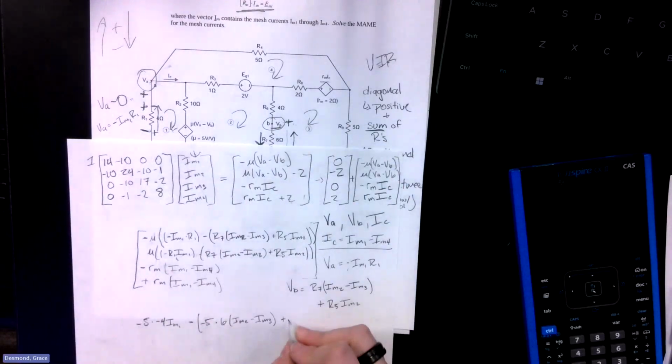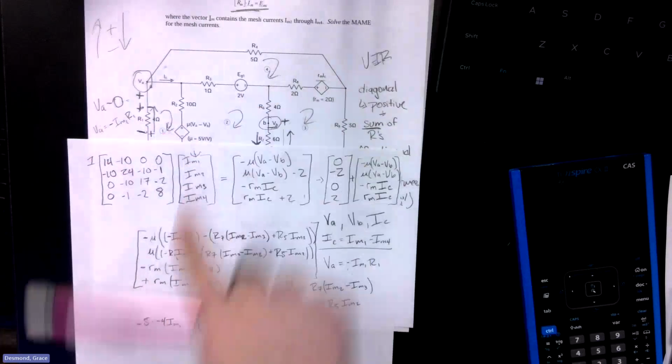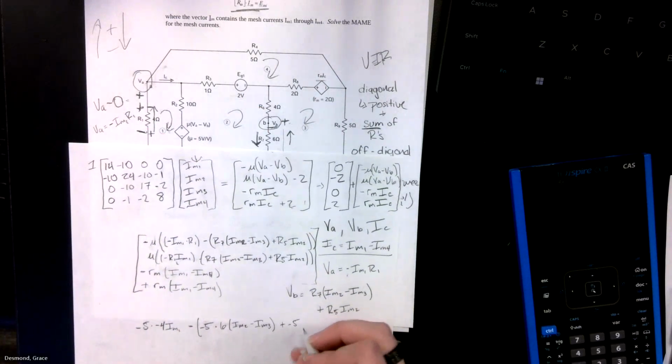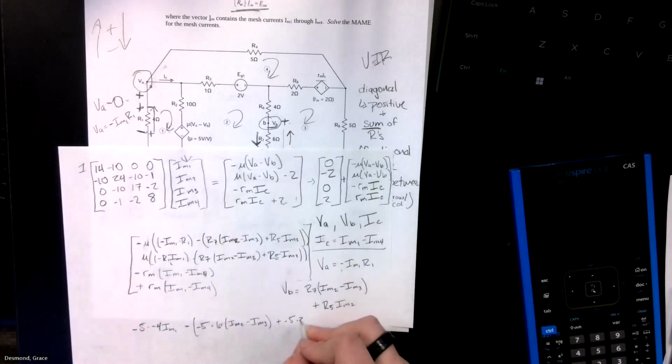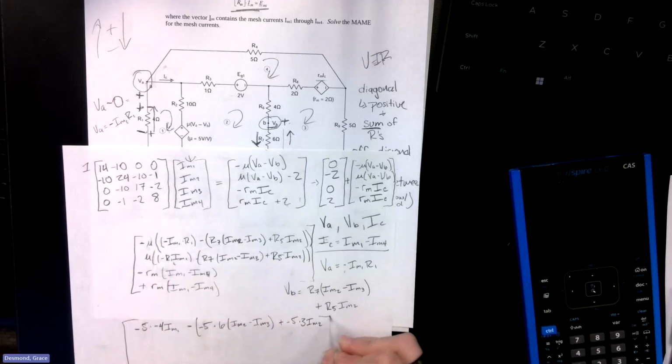I think you could put the one with the circuit on top, but I need this. Oh, is the issue. I need that and I need that. Negative 5 times 3. Pretty sure that's right.